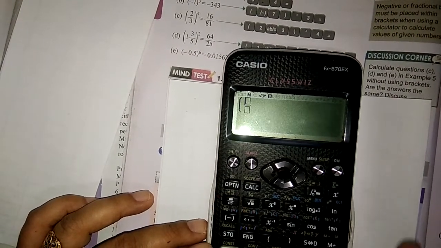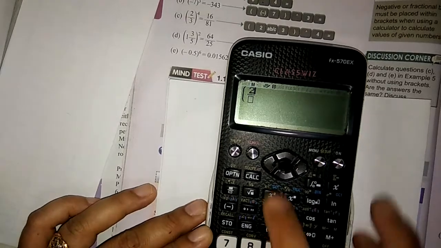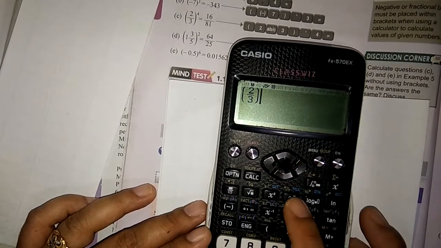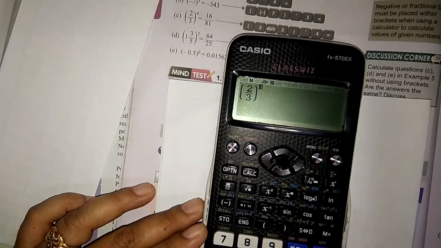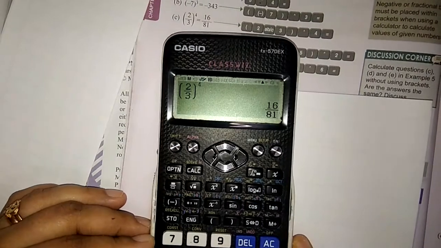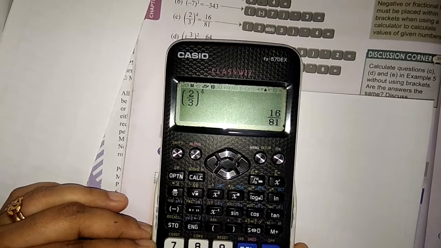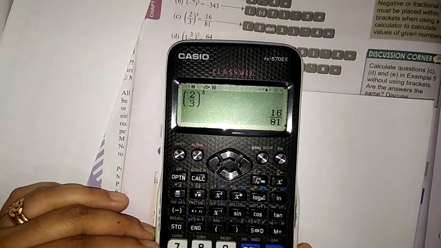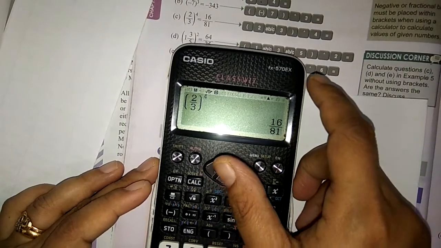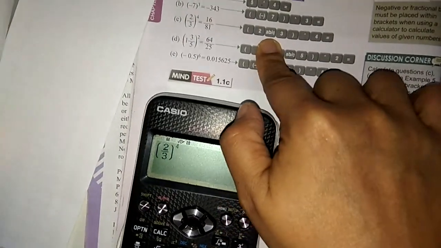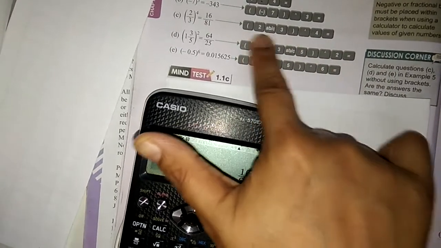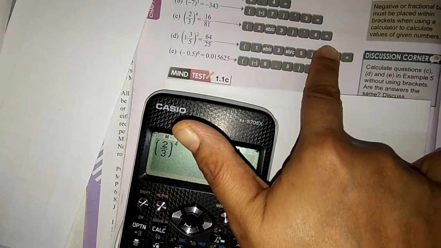Open bracket, fraction 2 over 3. Close bracket, and this is power 4. And equal 16 over 81. If you use a Casio MS, you can follow this step.